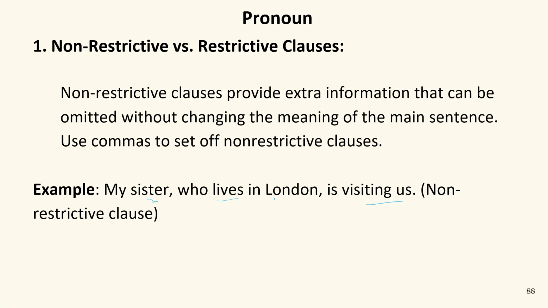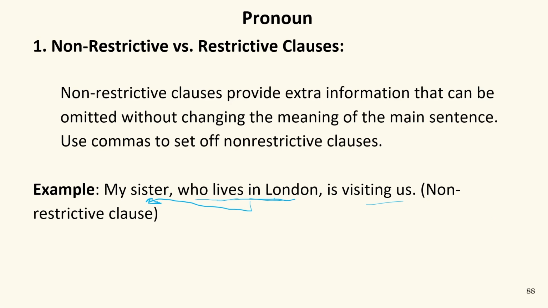Now, if I say my sister who lives in London, it means this phrase who lives in London is actually giving us the extra information about my sister. I can omit this part from the sentence. That doesn't affect the sentence at all. For example, if I say my sister is visiting us, then also the sentence will be the same.